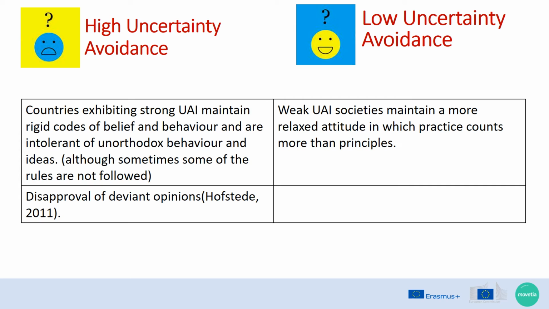We could also find examples in low uncertainty avoidance, and how this could affect healthcare situations. In this context, patients are more tolerant of not having a definitive prognosis.